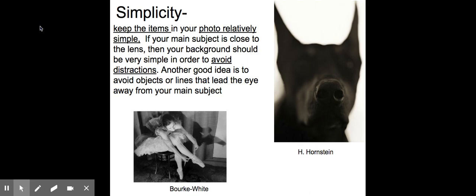So again, when you're trying to emphasize something in your subject matter, you want to cut out all distractions. So look at your viewfinder. Look at everything that is falling into the frame. Sometimes we forget to look at what is on the outside or what is around whatever it is that we're taking a picture of.